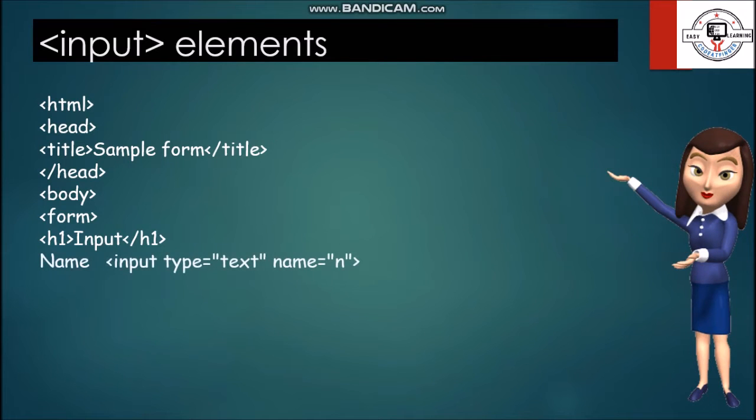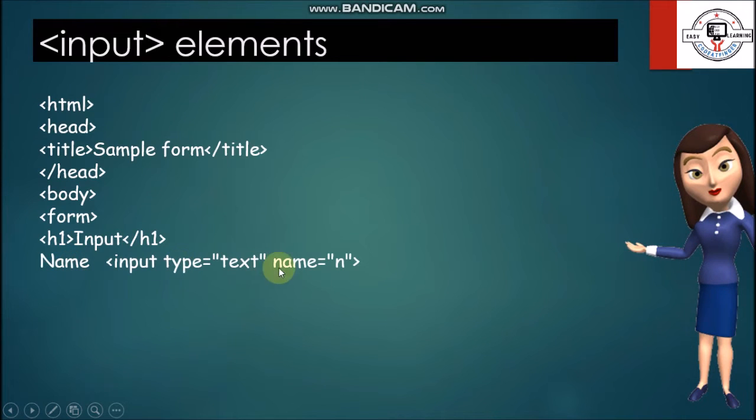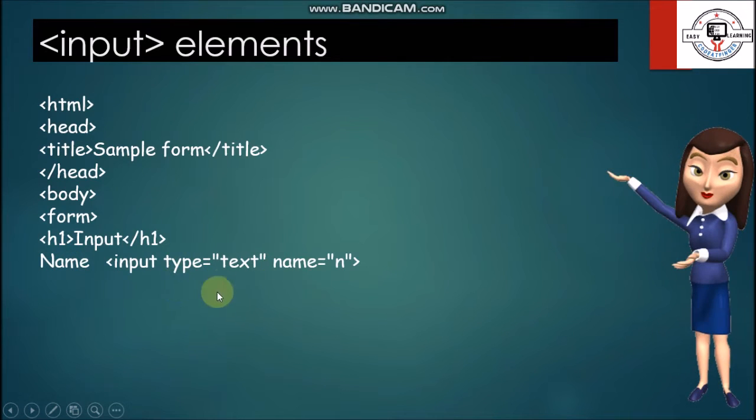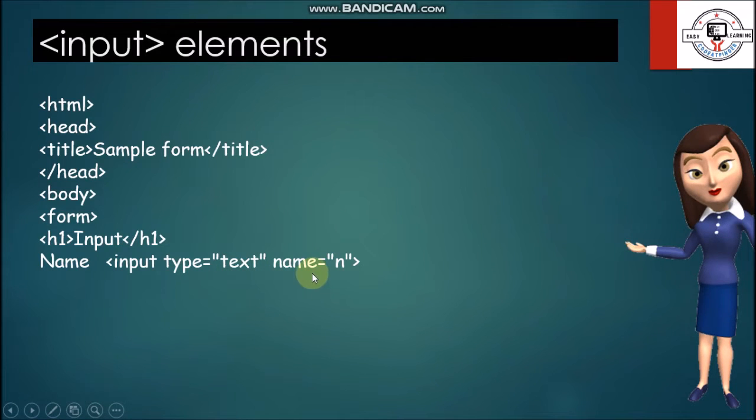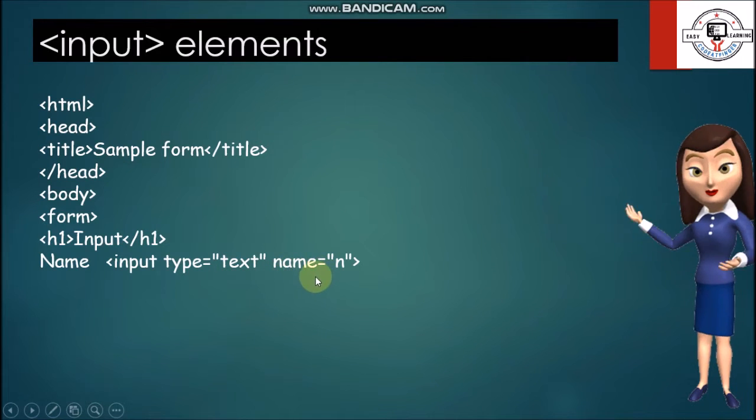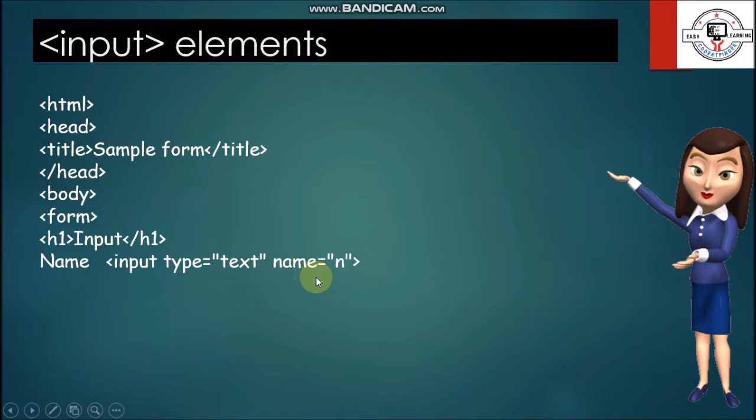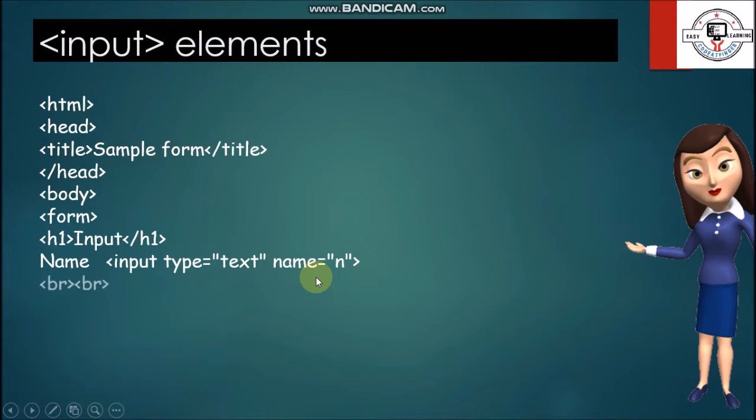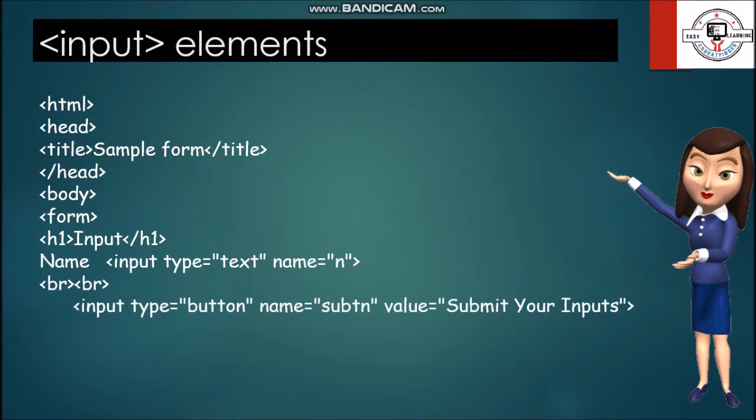Now here I'm taking input, name, input, type is text, because I just want the text box. I told you every time we have to take the name because there can be several text boxes. And after that I used BR just for giving the space.